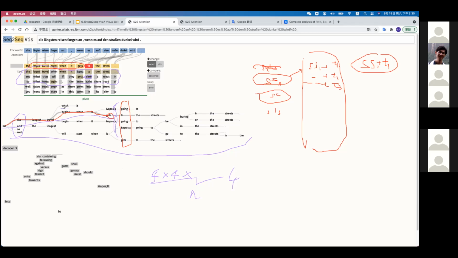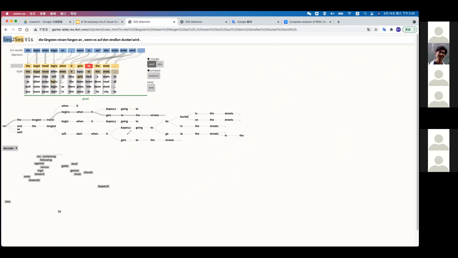Here is from a different sequence. Let me clarify. First, it has 4 possible tokens, and my guess is that when it arrived here, it has one candidate here, another candidate supposed to be on here, and another candidate here. So these 4 candidates are the most important candidates here.